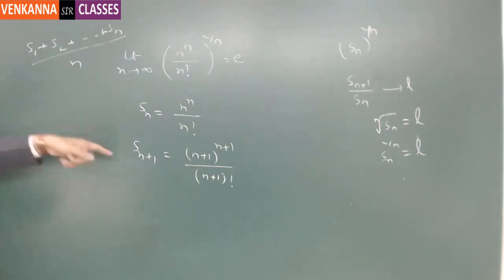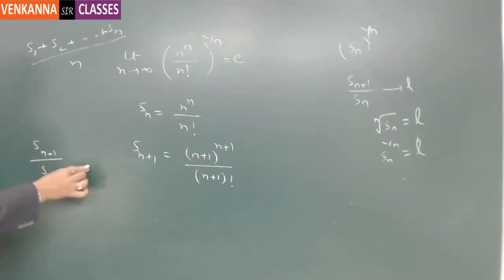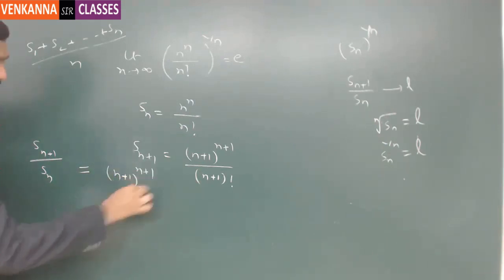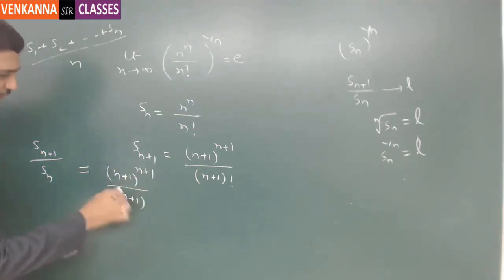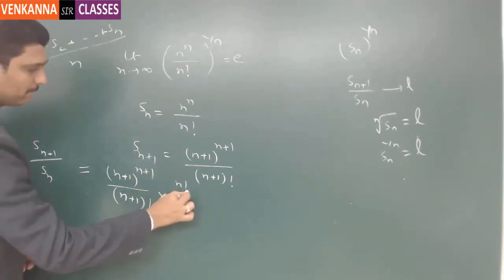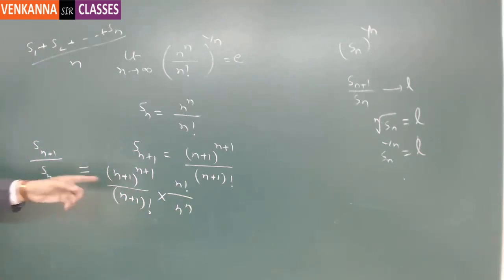Right? Now let us calculate the ratio Sn plus 1 by Sn. This equals n plus 1 whole power n plus 1 by n plus 1 factorial into this one will come. Now we are going to simplify the terms there.